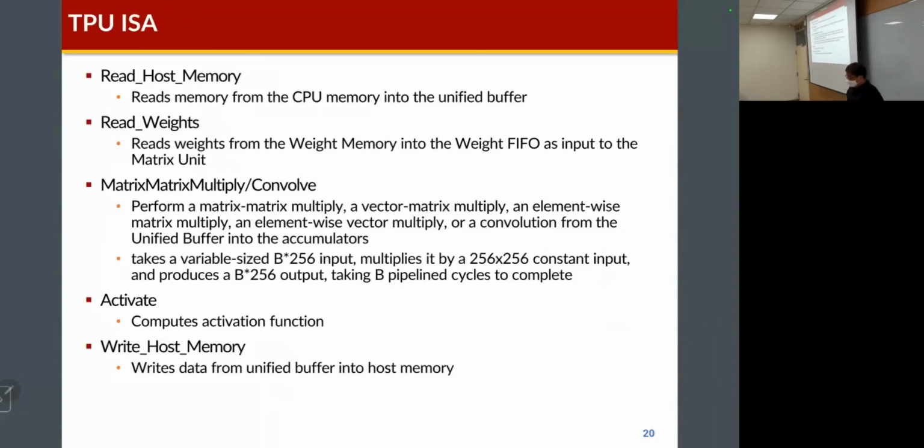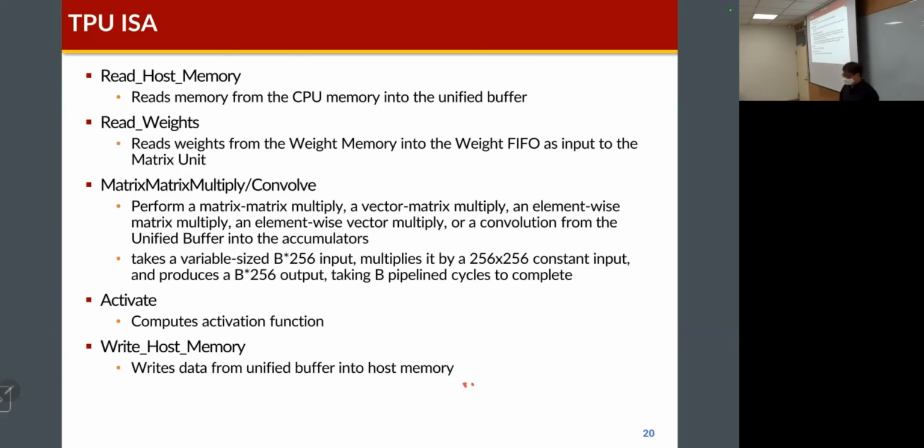And then actually Google doesn't reveal the instruction sets used by TPU, but they just revealed some instructions, just five instructions, in the TPU paper. Actually very simple.